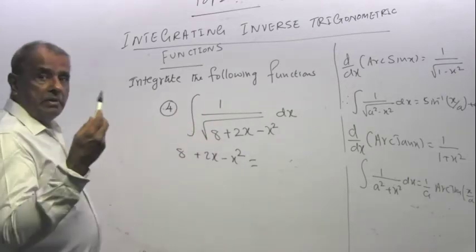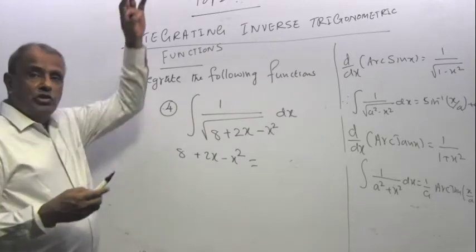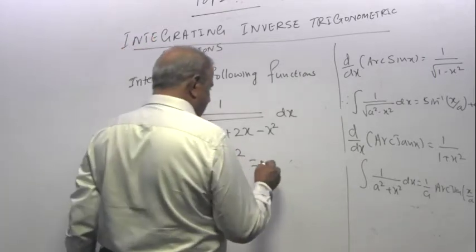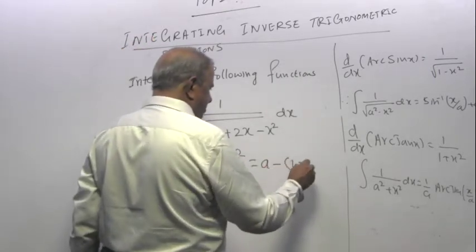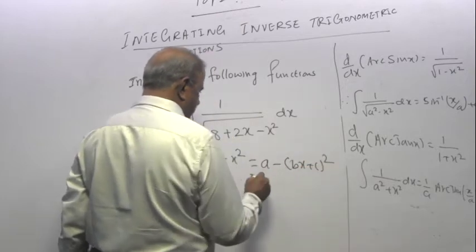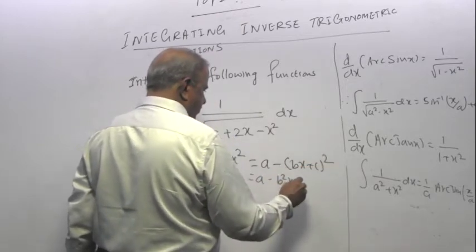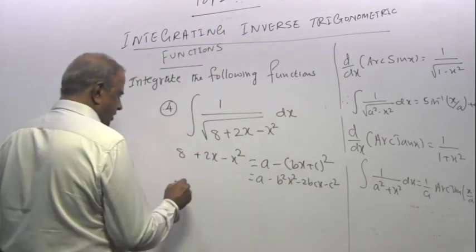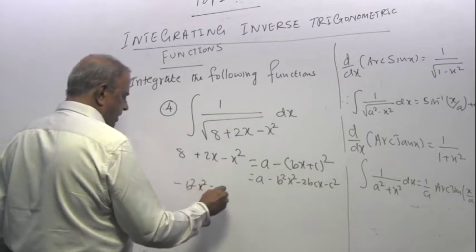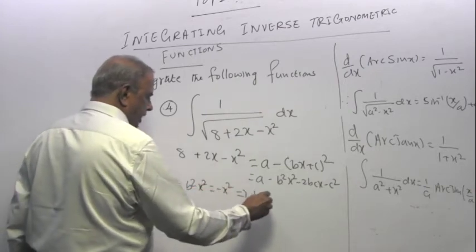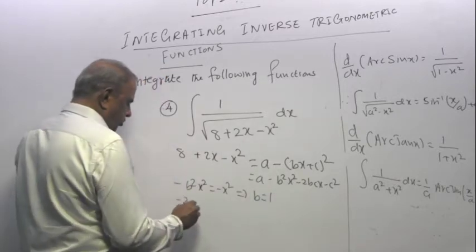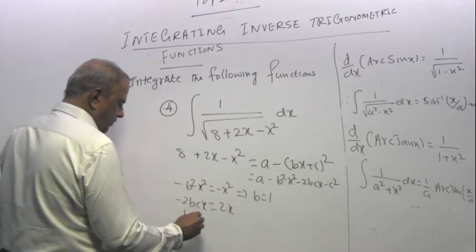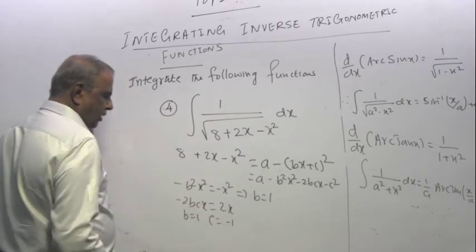Okay. Remember, completing squares. But don't use half the middle term, because the minus x squared is always a nuisance. So write it as a minus bx plus c the squared. So it is a minus b squared x squared minus 2bcx minus c squared. So minus b squared x squared is minus x squared. So b equals 1. Minus 2bcx is equal to 2x. b is 1. So c is minus 1.